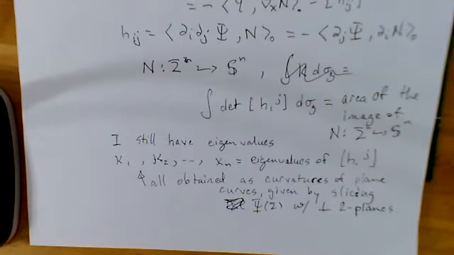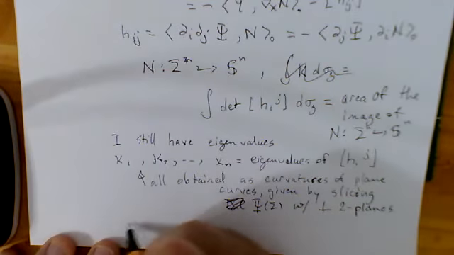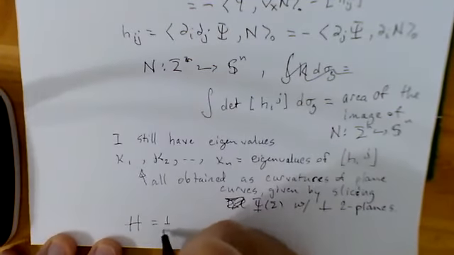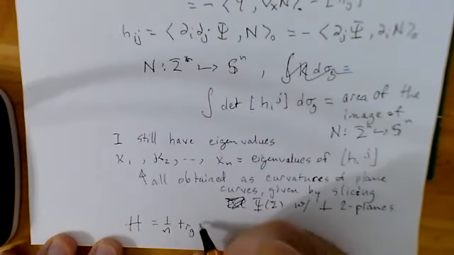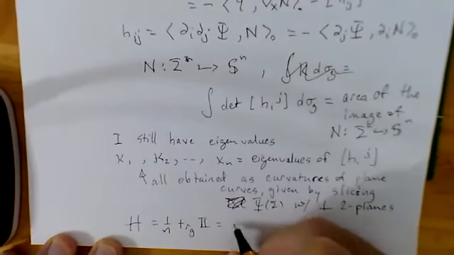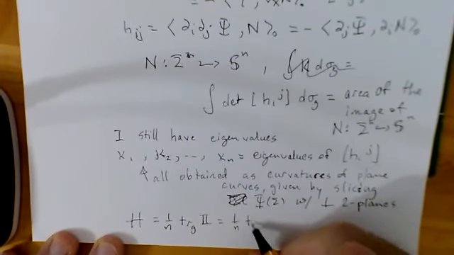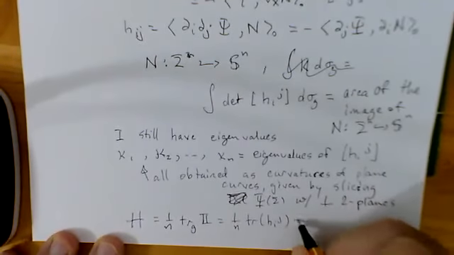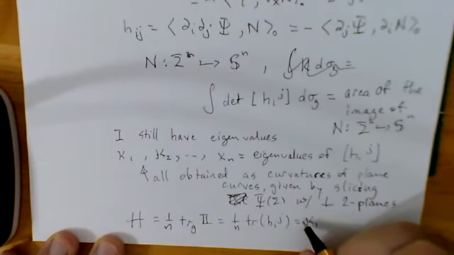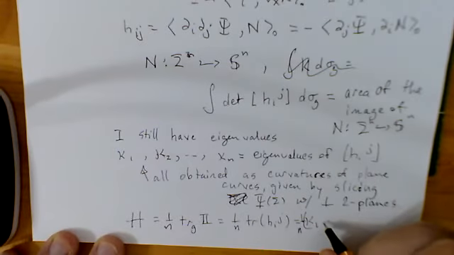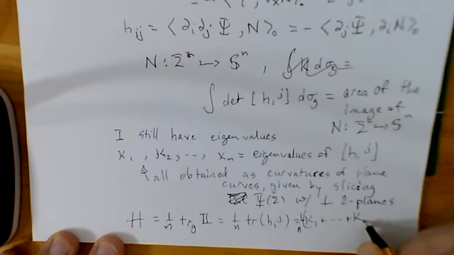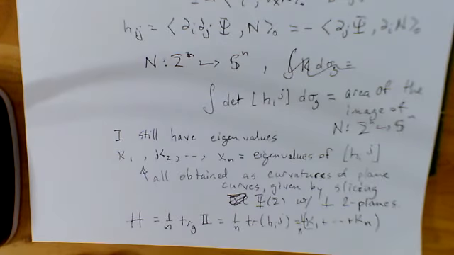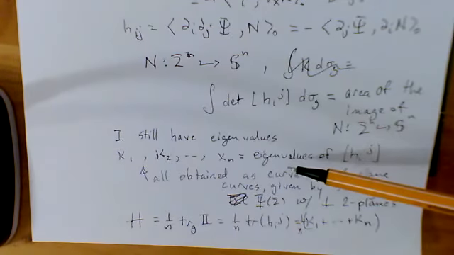Right. And then I can still write down my mean curvature is the trace, which will end up being the sum of these principal curvatures.